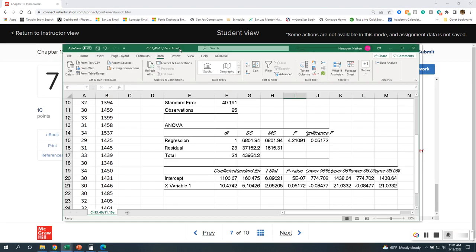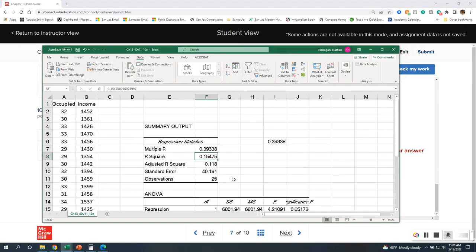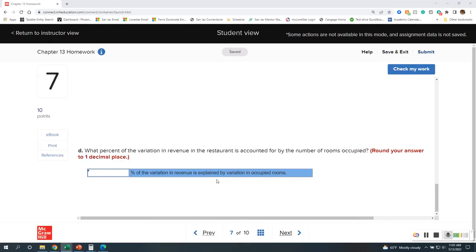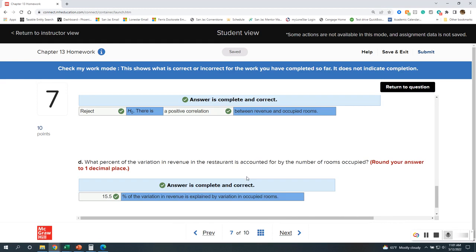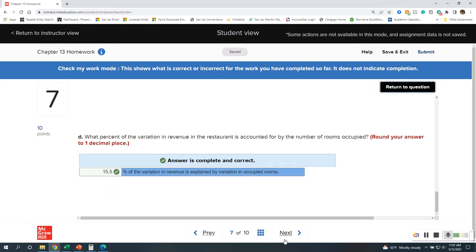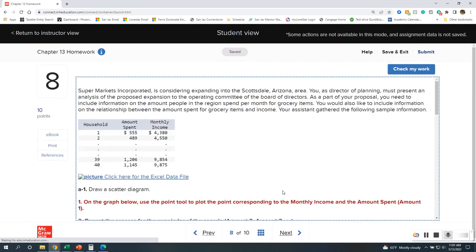So basically it's this r squared, but we're looking at percentage. So that means it's going to be 15.5, about 50.5%. And there we go. And that is question 7. Nice.